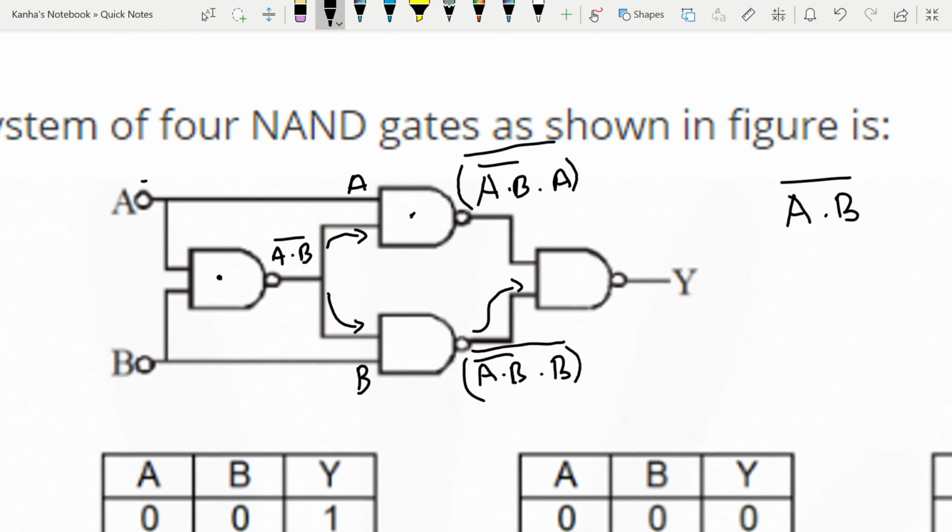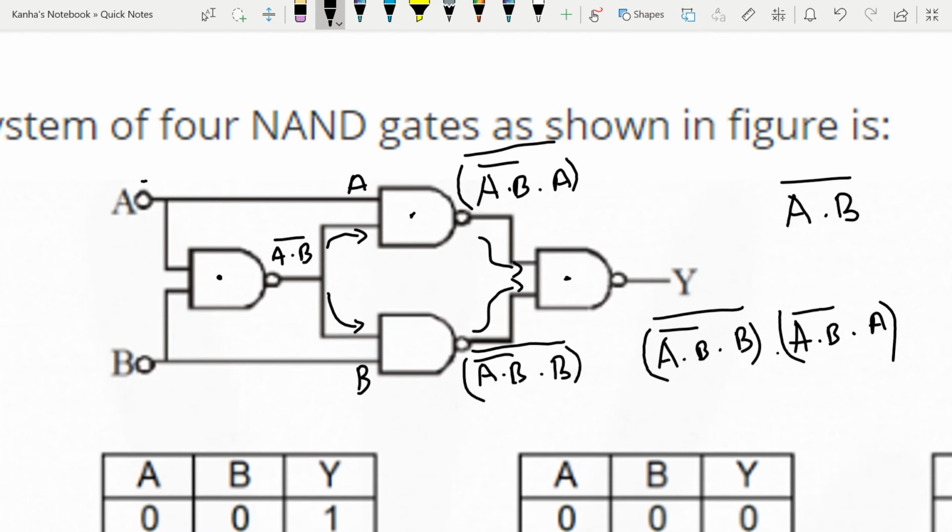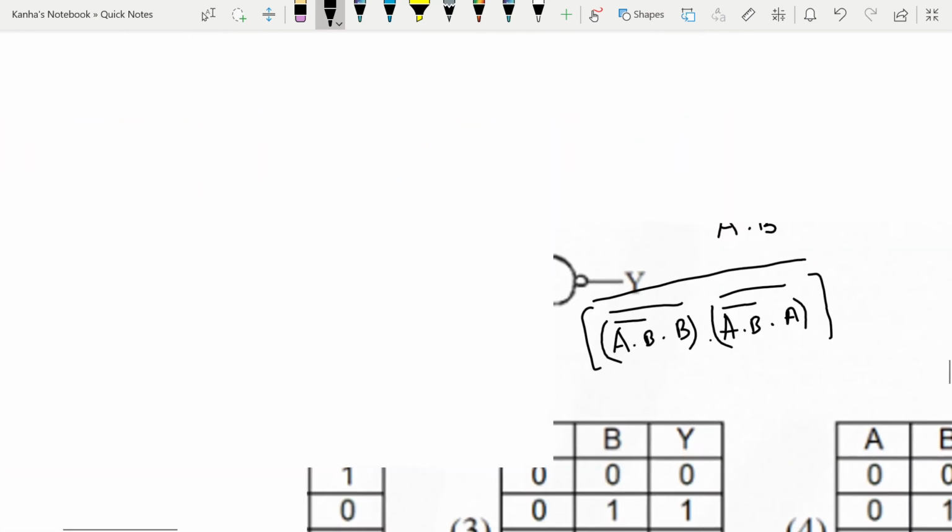Now these two will go into this gate, and what you will get is ((A dot B bar) dot B) whole bar dotted with the upper one, ((A dot B bar) dot A) whole bar, and because it's a NAND gate, the entire thing will have a bar over it. Okay, so this is my output.